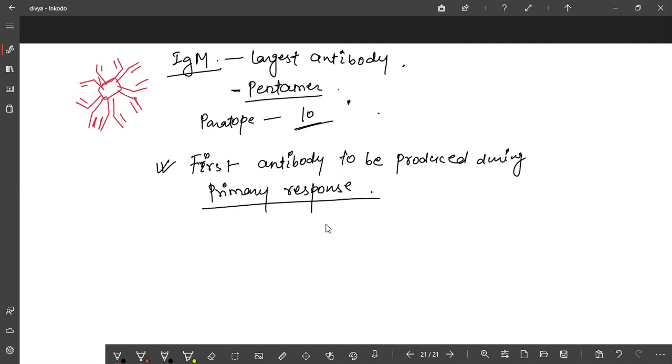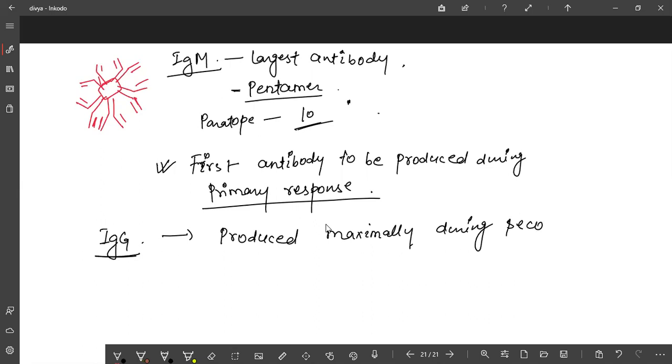Primary response. And IgG is produced maximally during the secondary response. So which antibody is produced maximally during secondary response? IgG. And in the first primary response? IgM.